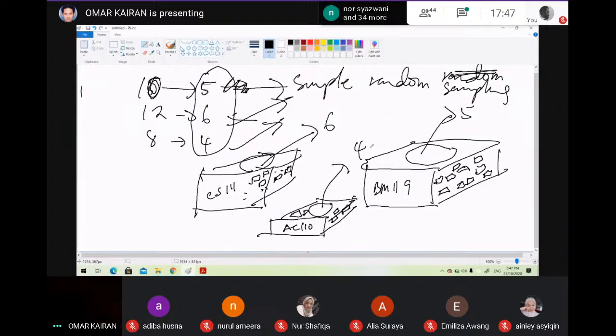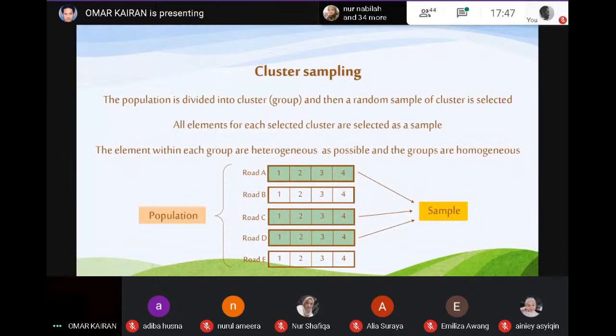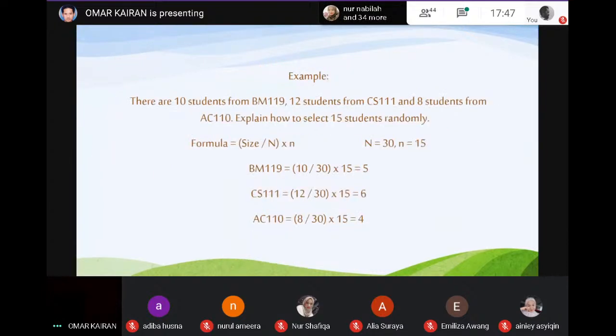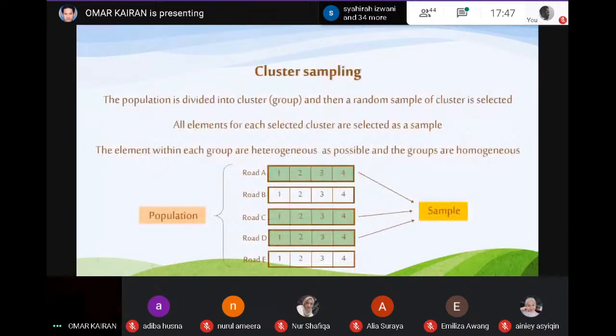Boleh? Rasanya sampai situ je. Cluster sampling kita sambung next class.